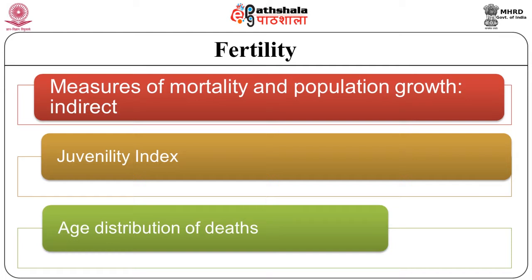Variations in fertility can be investigated indirectly through their effects on the age distribution of deaths. A simple paleodemographic measure that is responsive to fertility is the juvenility index, in which the number of deaths of older children is expressed as a ratio to the number of adult deaths in the population.